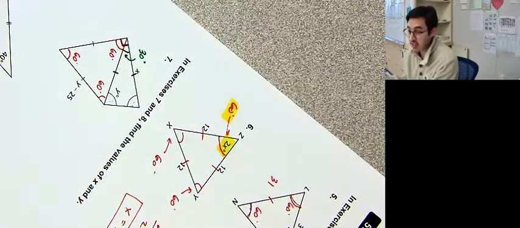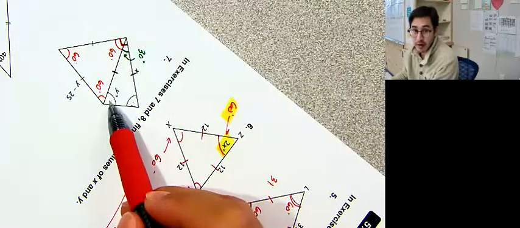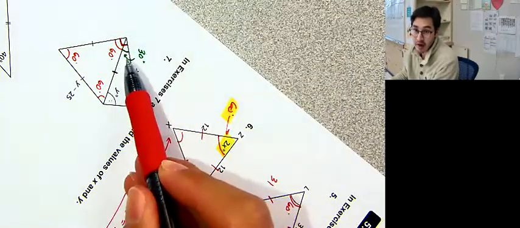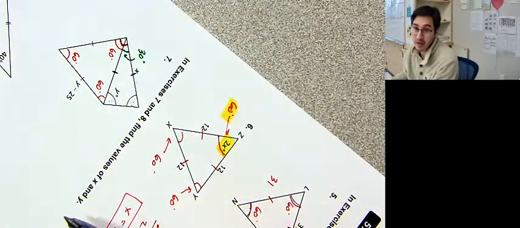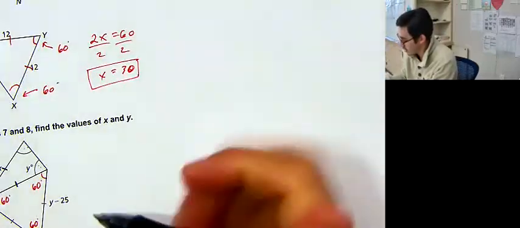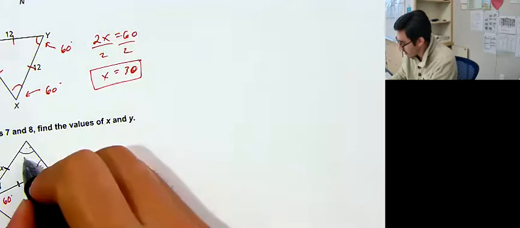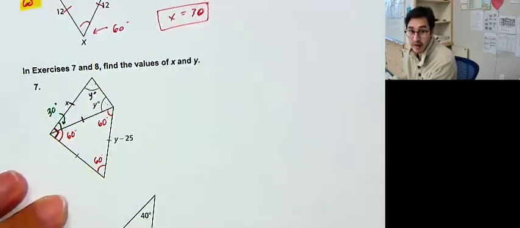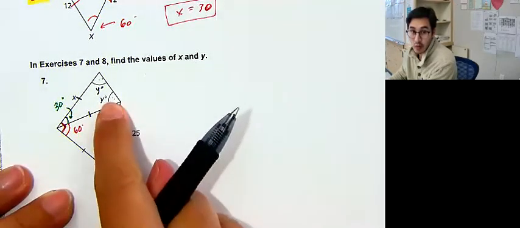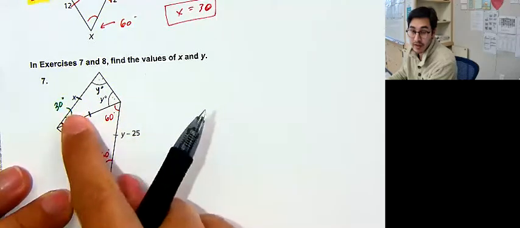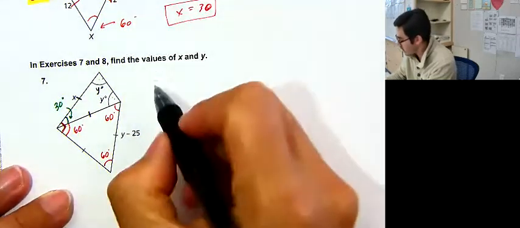So now I need to ask myself, what number could I add with itself and then also add with 30 to get 180? Or put another way, if this angle is y, then this angle would be y as well. So we have y degrees, y degrees, and 30 degrees, and we know it has to add up to 180.